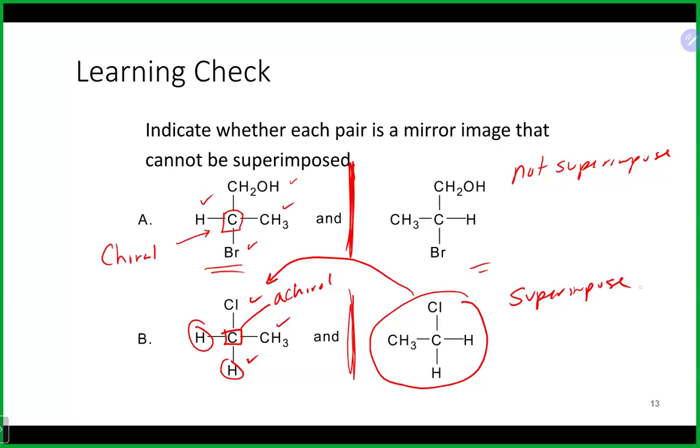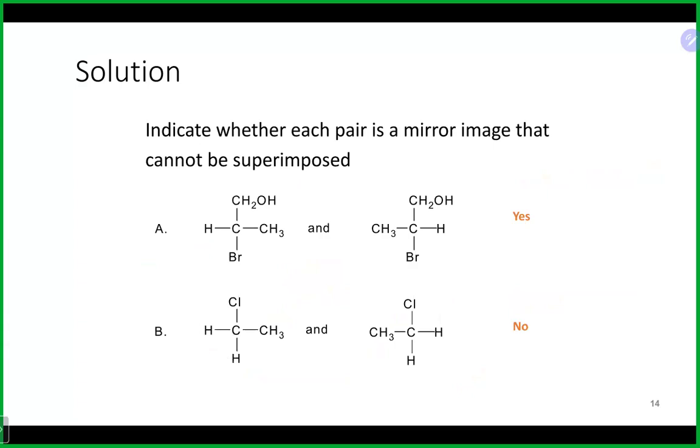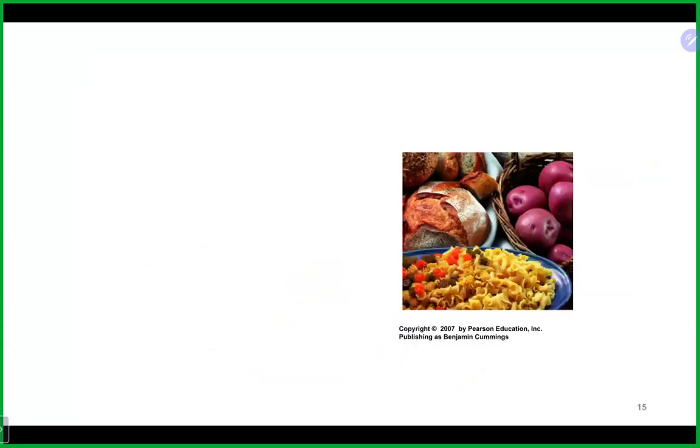So, any questions on that there? Now, again, to answer the question, it was asking which ones cannot superimpose. That is why it says yes to the first one and no to the second, because yes, it cannot superimpose, and no, it can superimpose on the second one.